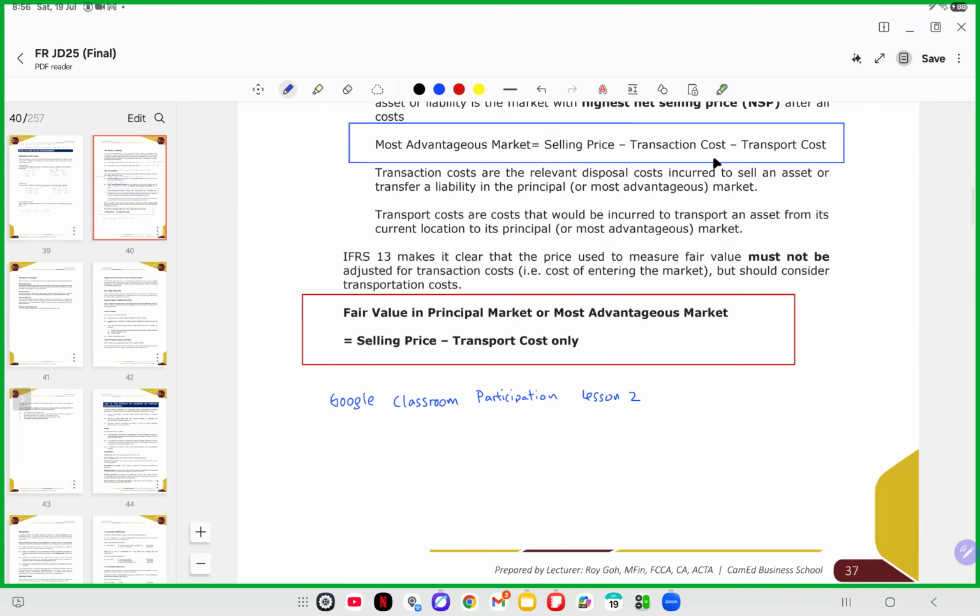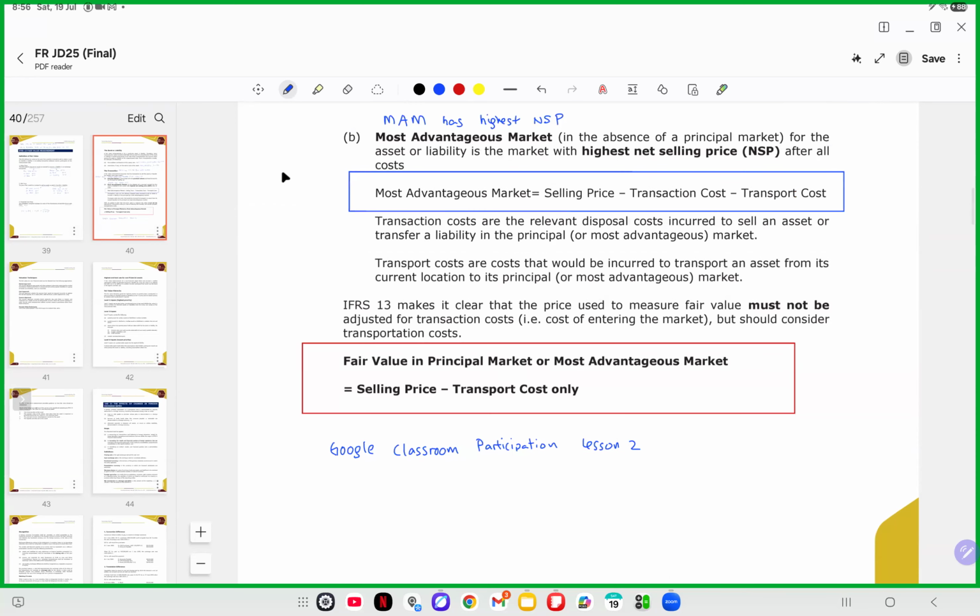But look at the blue box on the top. This blue box at the top is for me to find which is the most advantageous market by minusing all costs from transaction and transportation. That is to find which is the one that gives me the highest net selling price, because that one with the highest net selling price will be the most advantageous market.